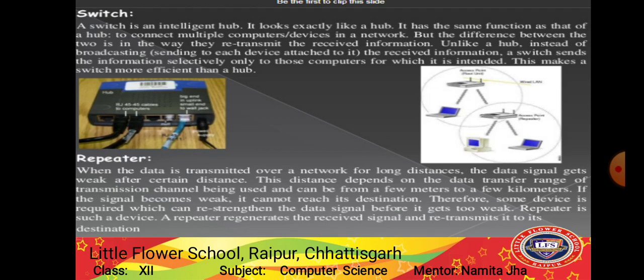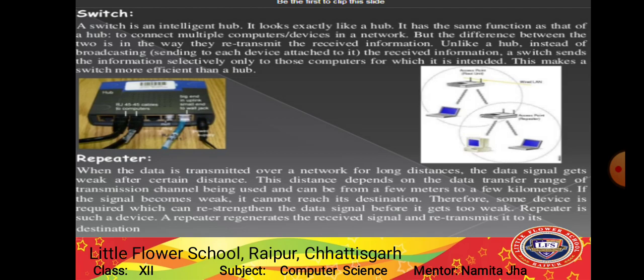Unlike a hub, instead of broadcasting the received information, a switch sends the information selectively only to those computers for which it is intended. This makes a switch more efficient than a hub.